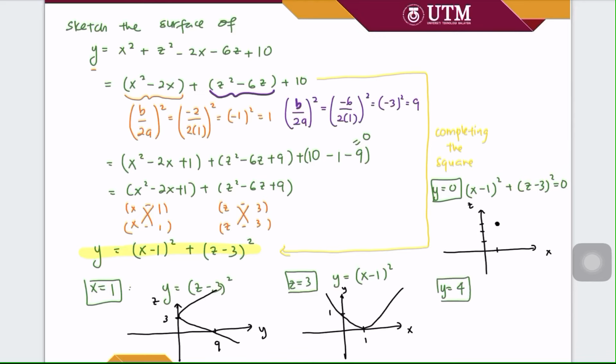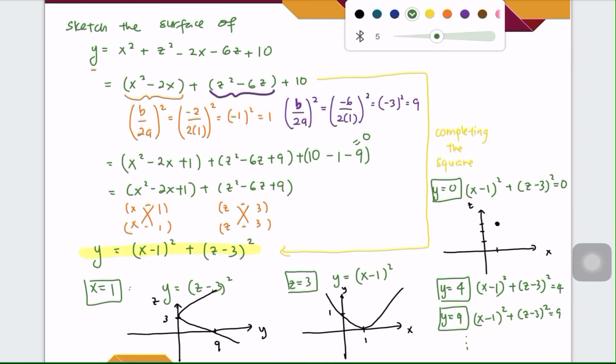Normally in the exam they will give you the value for the contour, x minus 1 squared plus z minus 3 squared equal to 4. Let's say if you have y equal to 9, you will have x minus 1 squared plus z minus 3 squared equal to 9. You will have the same center of the circle, just a different radius.